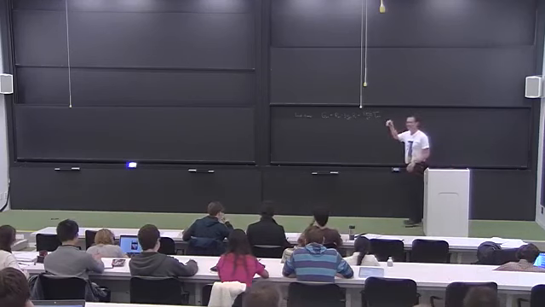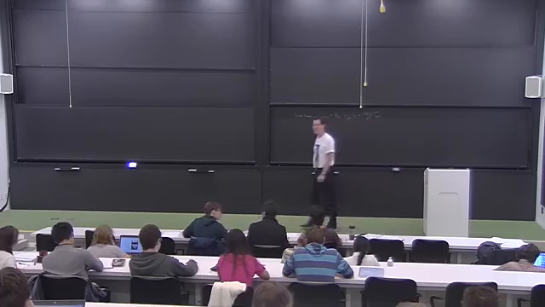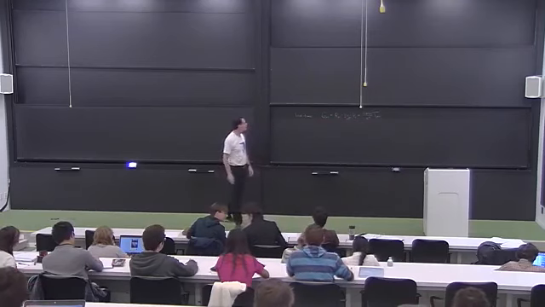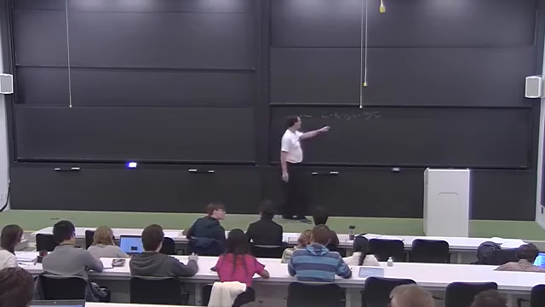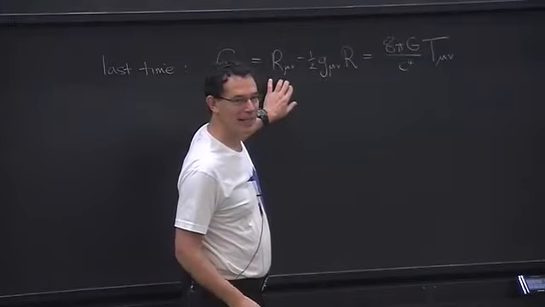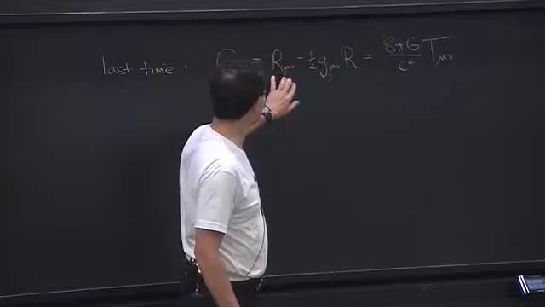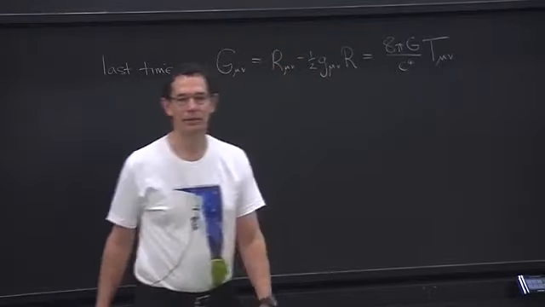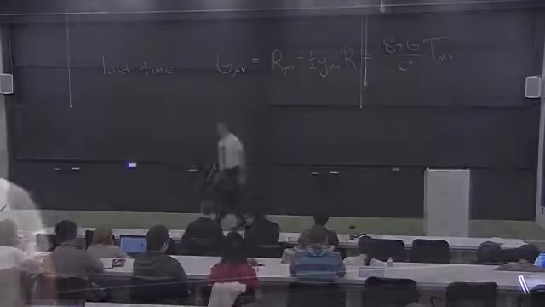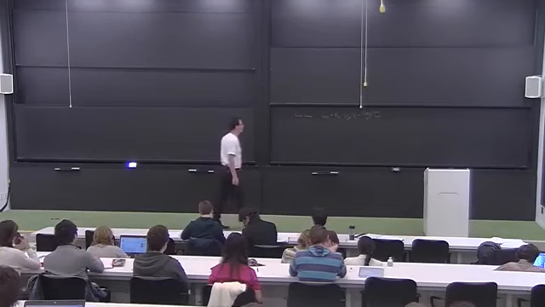Okay, so last time we discussed the Einstein equations. And if you remember the argument, the argument was, let's make any symmetric tensor we can out of the geometry. And there was R mu nu and G mu nu R. And let's set that equal to the stress energy tensor of the matter.